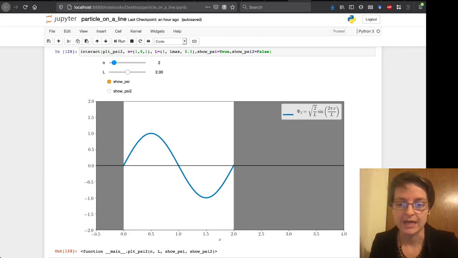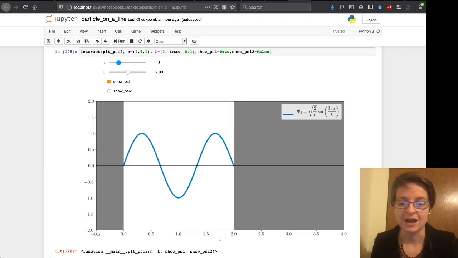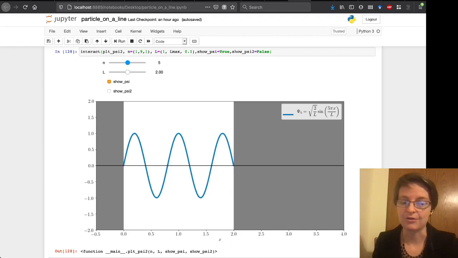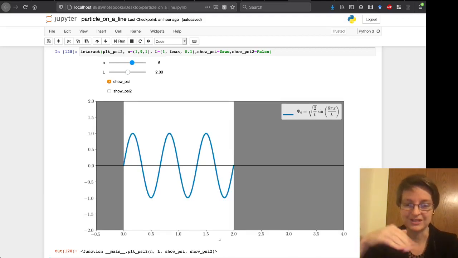When we go to n equals 3, we get another node that shows up, so now we have 1.5 periods of a sine function. n equals 4, 2 full periods, n equals 5, now 2.5 full periods. And so hopefully you're starting to see that as n increases, we get more and more wiggles to our wave function, and so we get more and more nodes that go along with that.